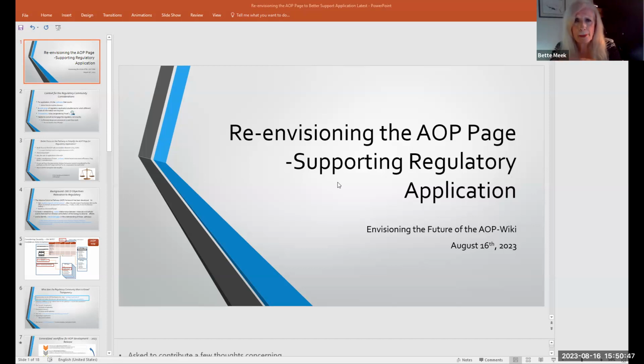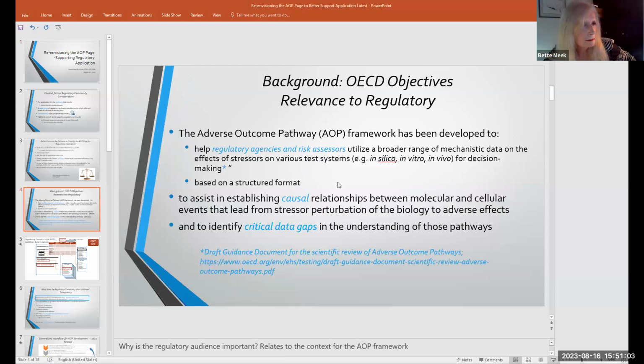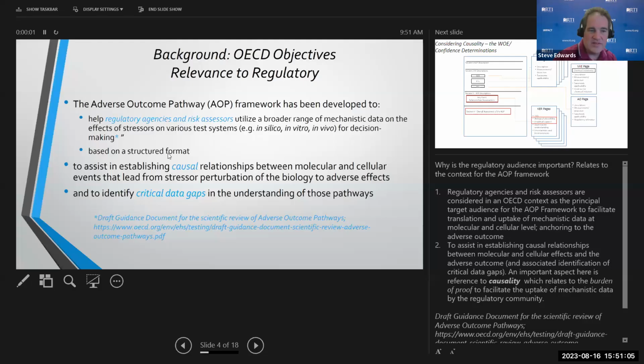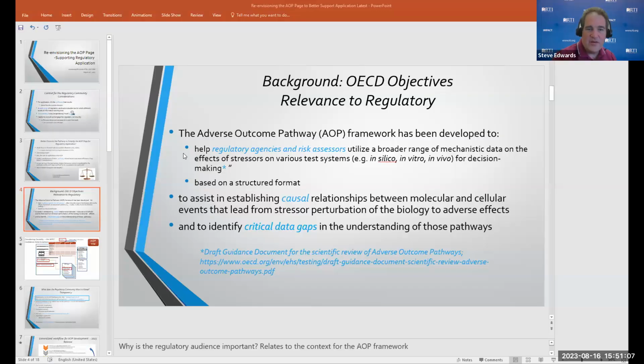So a little bit about the background. Bette, I think you may be showing a different screen because I'm still seeing your first slide and it's not in presentation mode. It flipped to the notes slide and then flipped back.